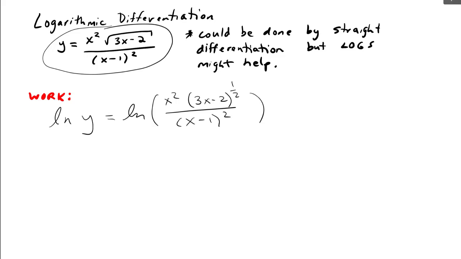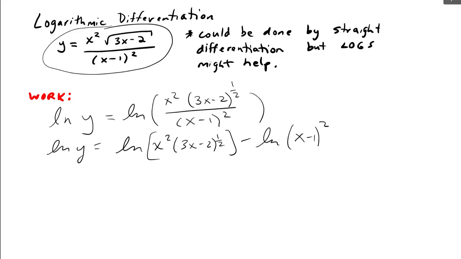Okay, so the next thing that I can do is use all those log rules to help me simplify. So this would be ln of x squared times 3x minus 2 to the 1/2 minus ln x minus 1 squared, because the log of the quotient ends up being the difference of these logs.